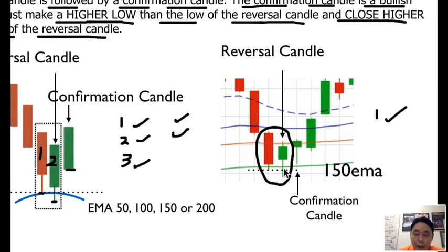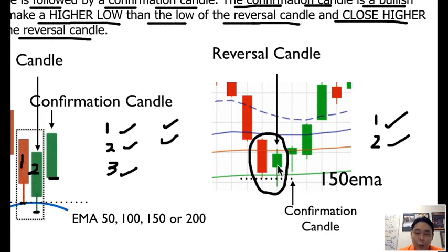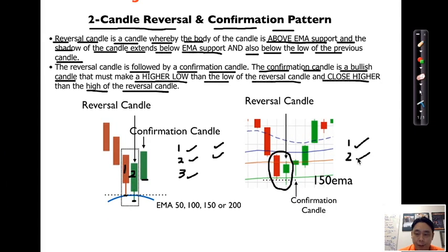Next, the lower shadow of the reversal candle must cut the moving average. Criteria 2, check. Next, the lower shadow of the reversal candle has to cut the low of the previous day's candle, shown by the dotted line over here. Does it? Yes, it does. Check. So that is a valid 2-candle reversal pattern.